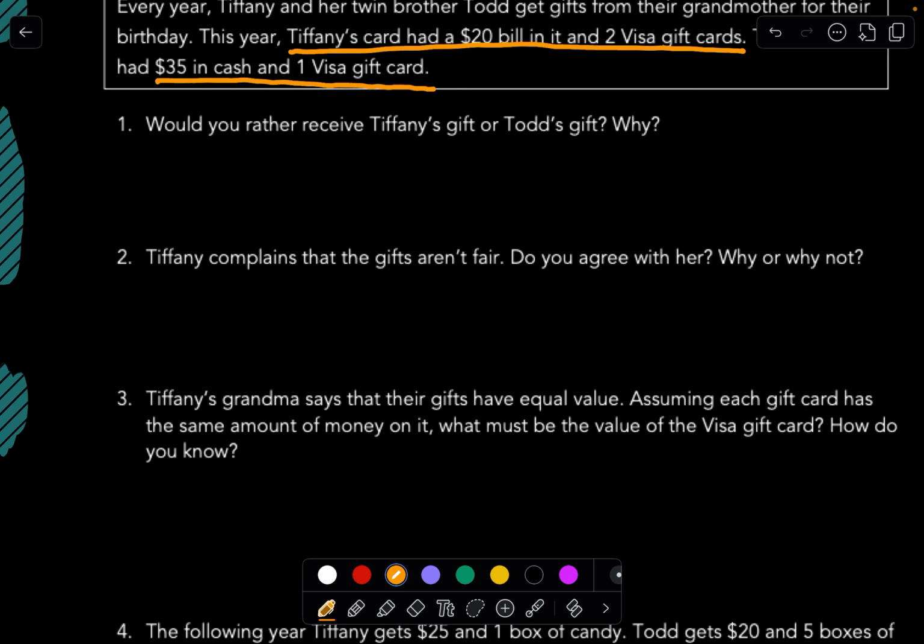Tiffany complains that the gifts aren't fair. Do you agree with her? Why or why not? Again, this is a question that really depends on how much each gift card is worth. Are both the gift cards that Tiffany got and the gift card that Todd has of the same value? They don't really say any of that, so this is really open-ended.